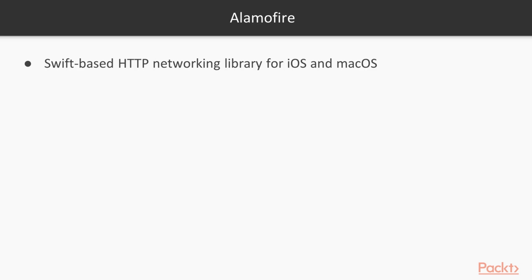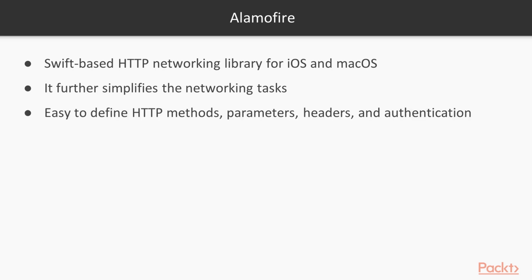Okay, so let me just tell you what exactly Alamofire is. It is a Swift-based HTTP networking library for iOS, which many applications are using, and it further simplifies the networking task. So obviously, when I say further simplify, it means that there is a simple way of calling a web service, but using Alamofire, it can be simplified further.